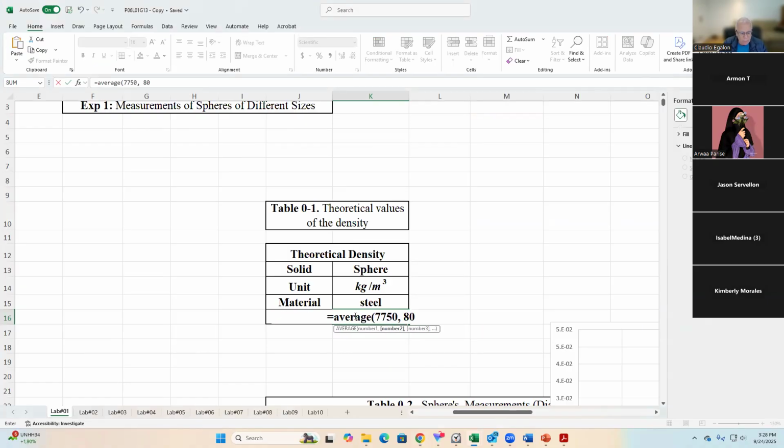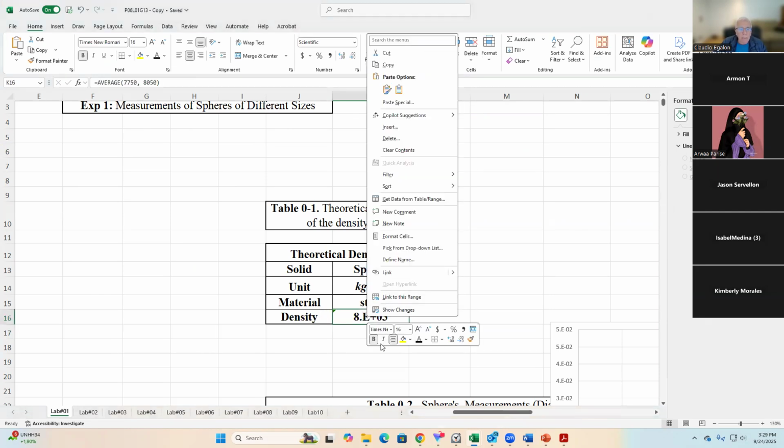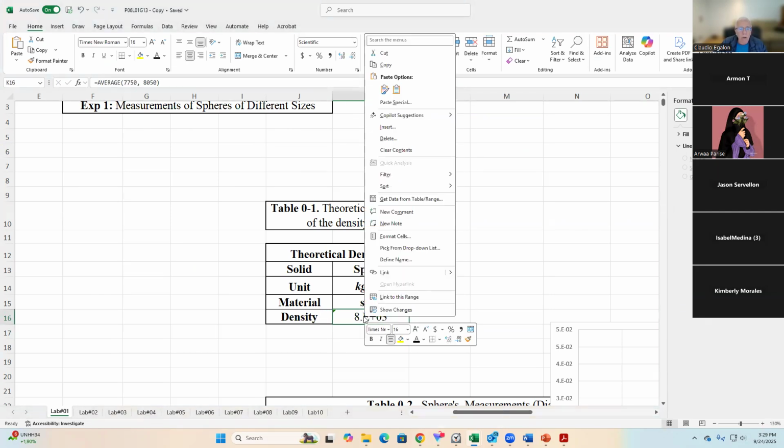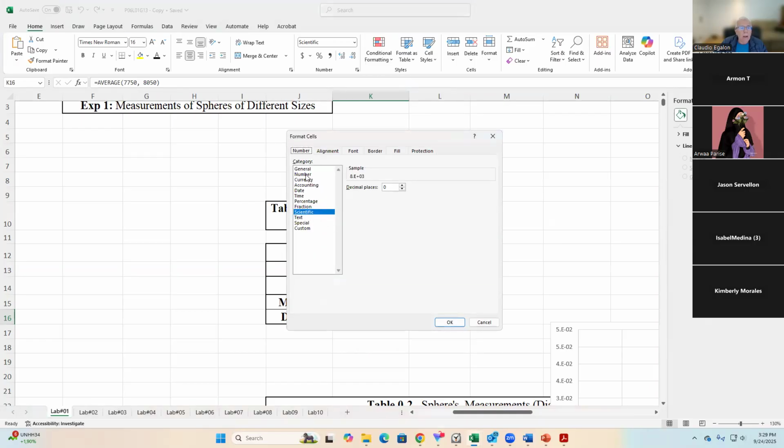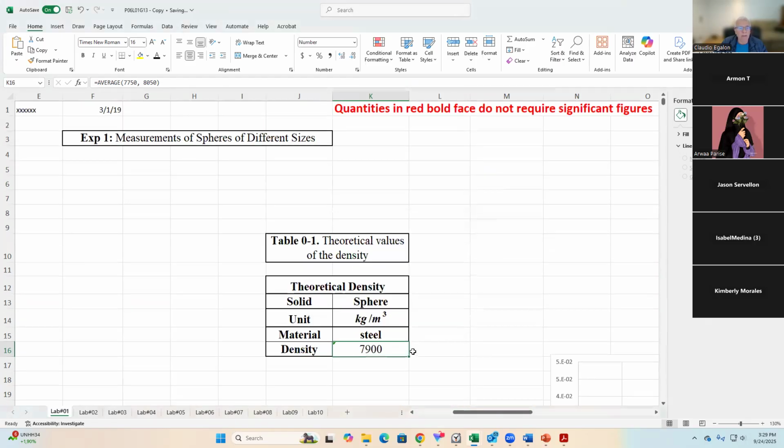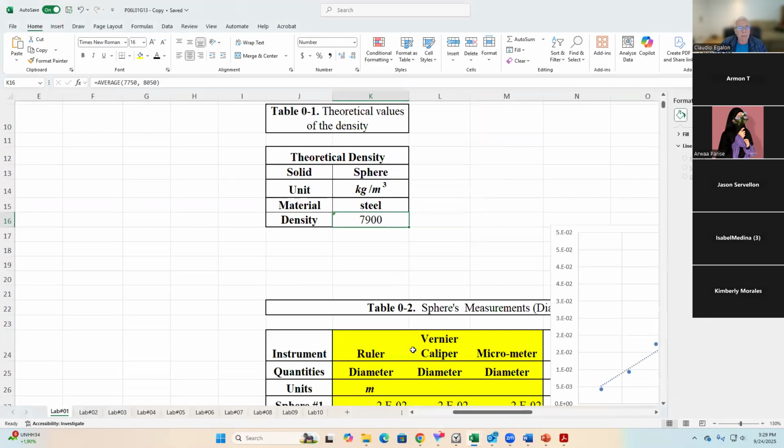I want to display it in a more user-friendly fashion, so I'm going to right-click, format cell, number instead of scientific notation. I'm going to display it as a numeric notation, 7,900.